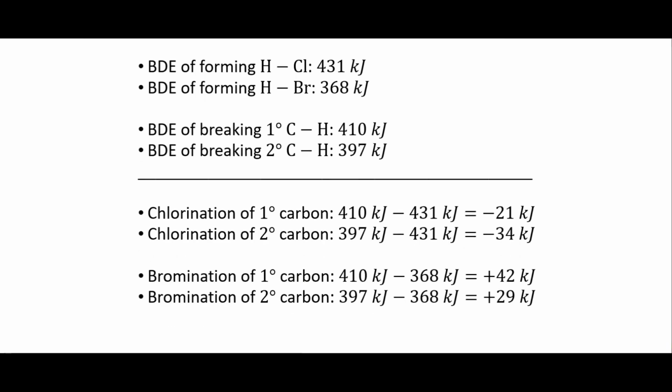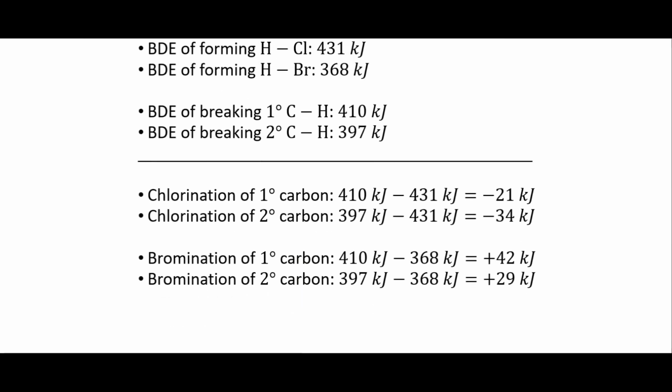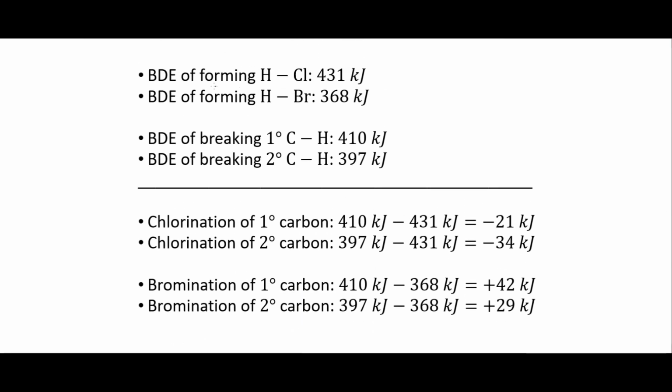And so we can actually look at the bond dissociation energies here for it. So we have the bond dissociation energy for forming our HCl bond and forming our HBr bond. Then the bond dissociation energy for breaking our primary carbon to hydrogen bond and breaking our secondary carbon to hydrogen bond.